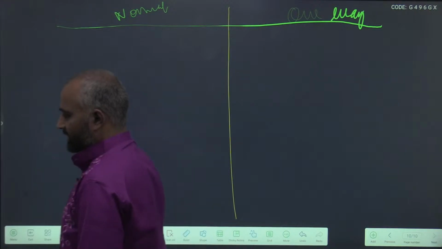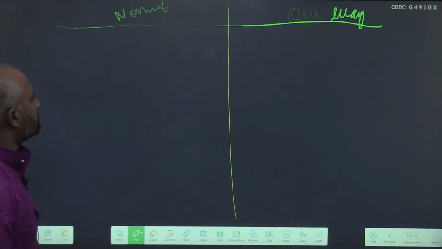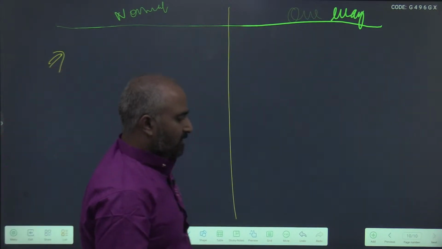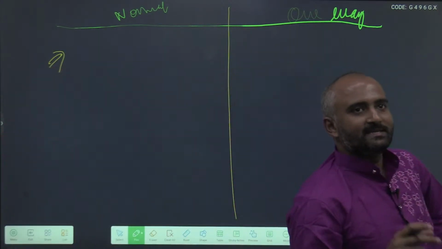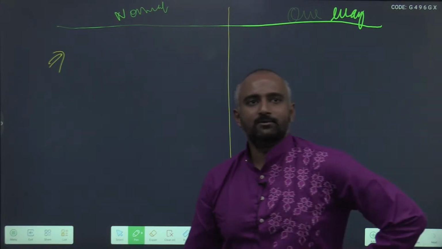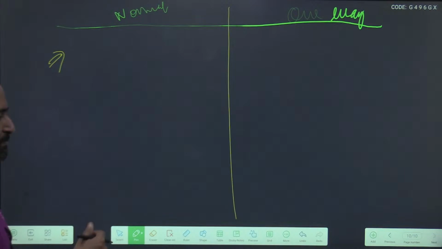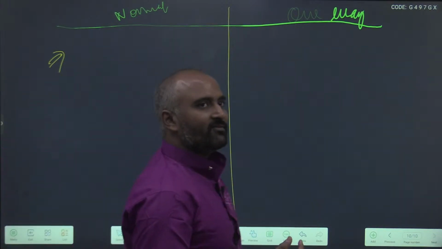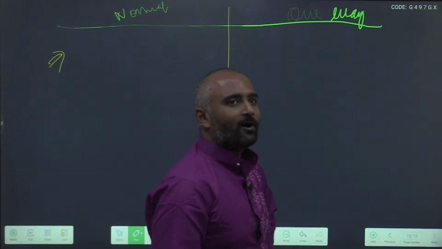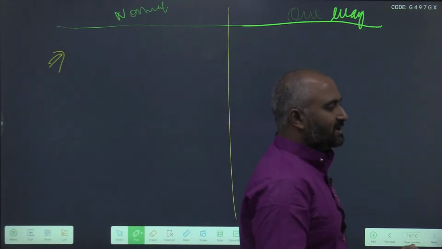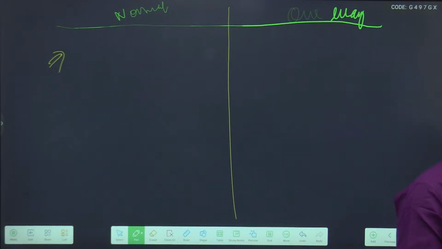Normal way, our way. People seeing loss or profit percentage directly jump into formulas. Just like a machine, what does an AI do? It sees patterns and applies the same pattern everywhere without thinking whether it is correct or not. In the same way, we don't see whether it is correct or wrong, or efficient or not.